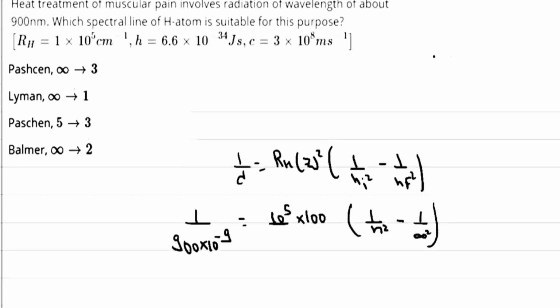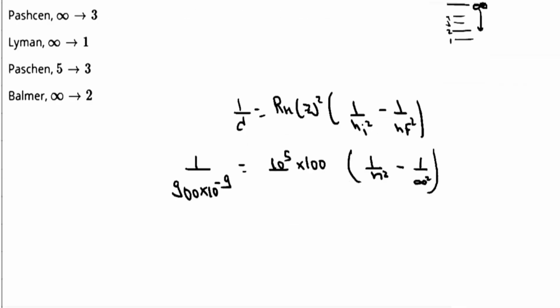In this series, the electron moves from infinity to some orbit, 1, 2, 3 or 4, and we have to find its value, but the electron is coming from infinity.